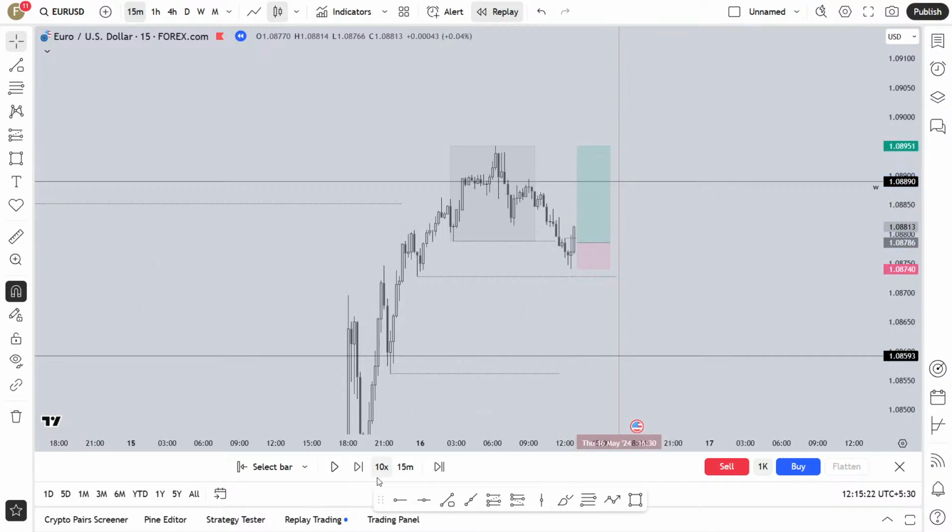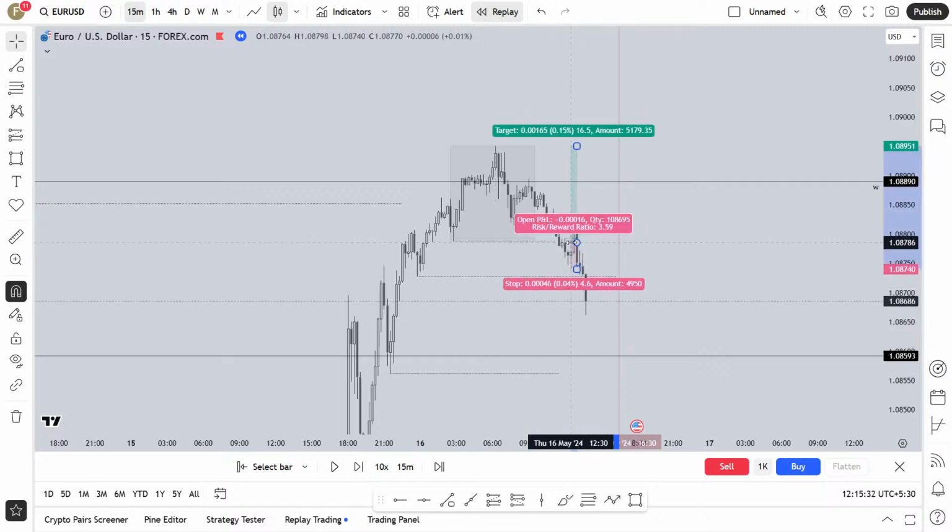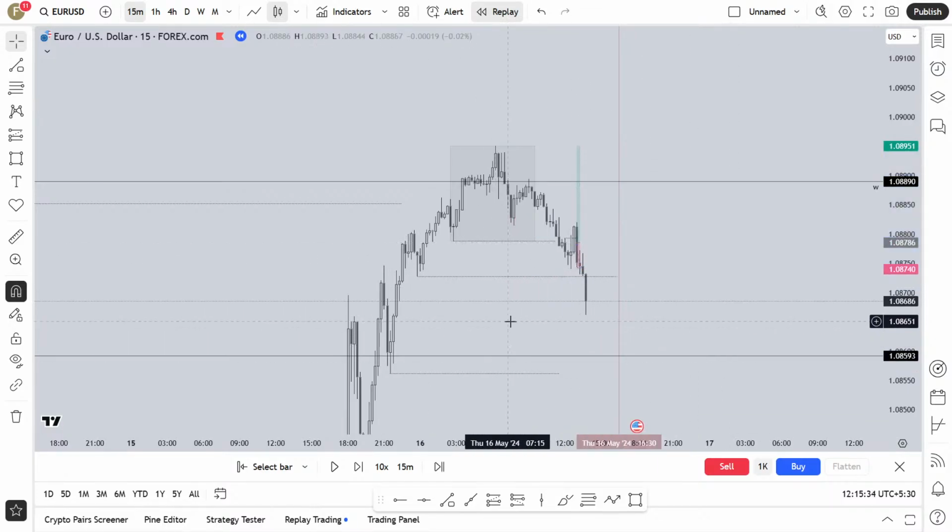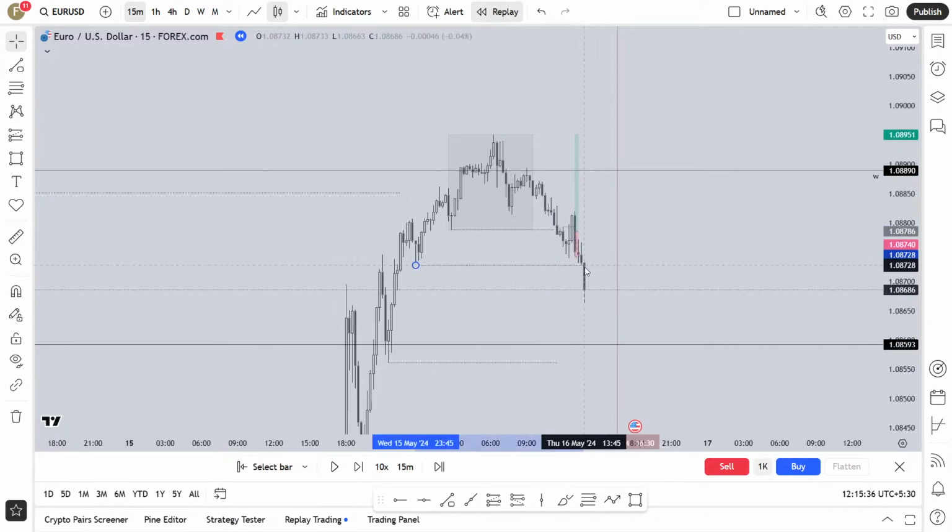Okay, let's see. Yeah, stop out. So now it swept this liquidity. Let's see.